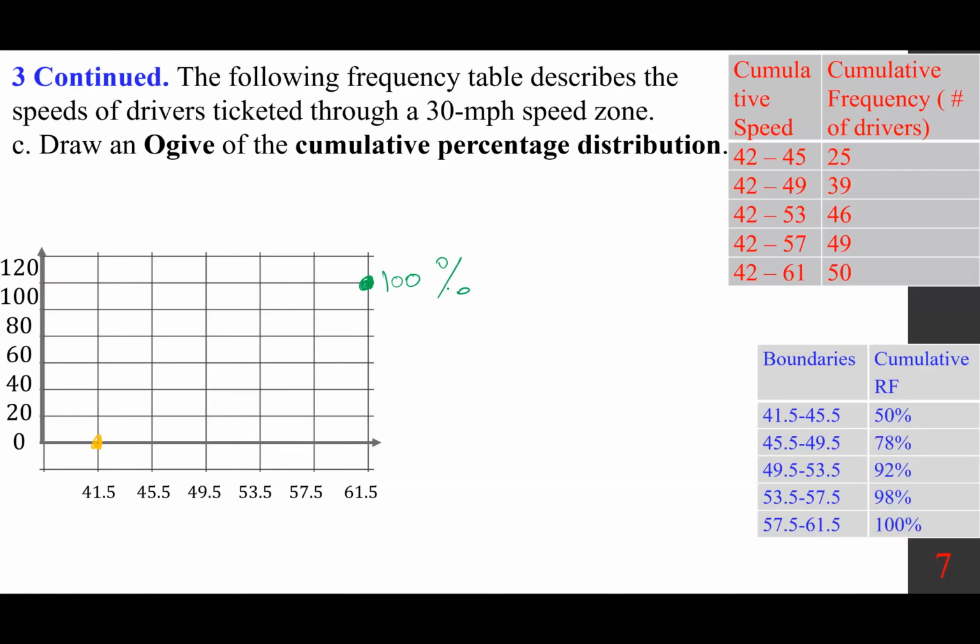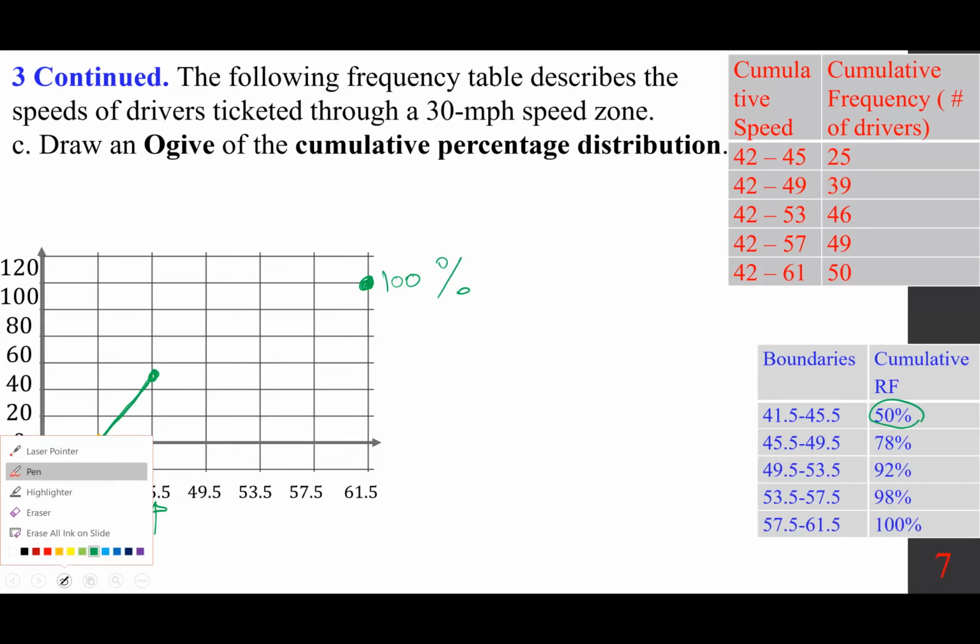Now, 45.5 is the upper boundary of the first class, and this is the number you use, 50%. So you put the point there and you connect them with a straight line segment. 49.5 corresponds to 78%.